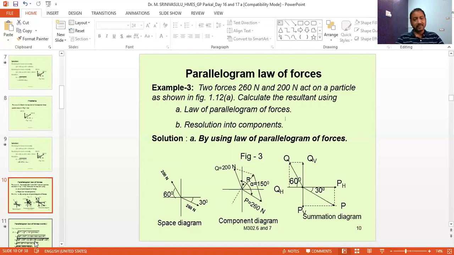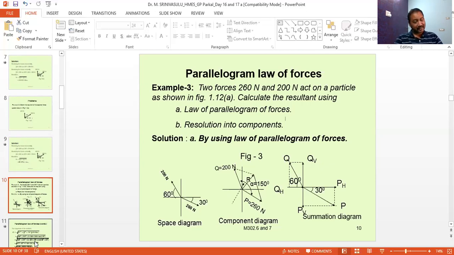One is by using the parallelogram law of forces, and second is by the resolution of forces.